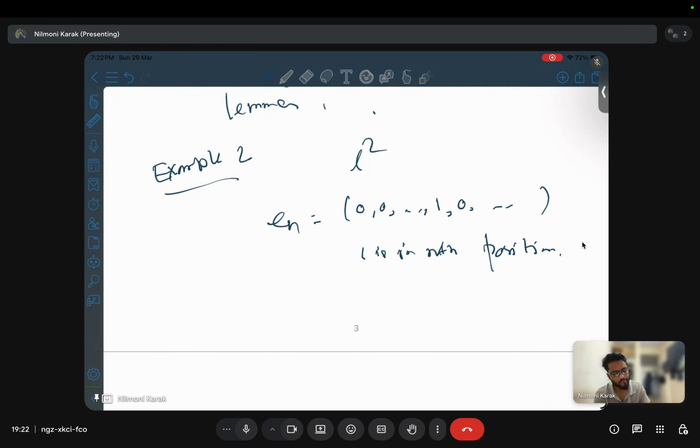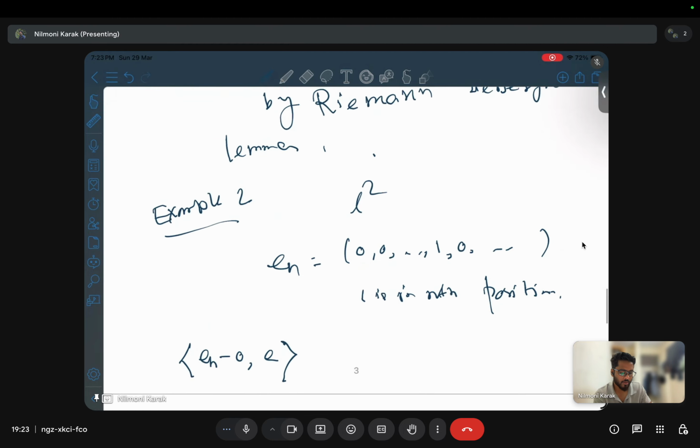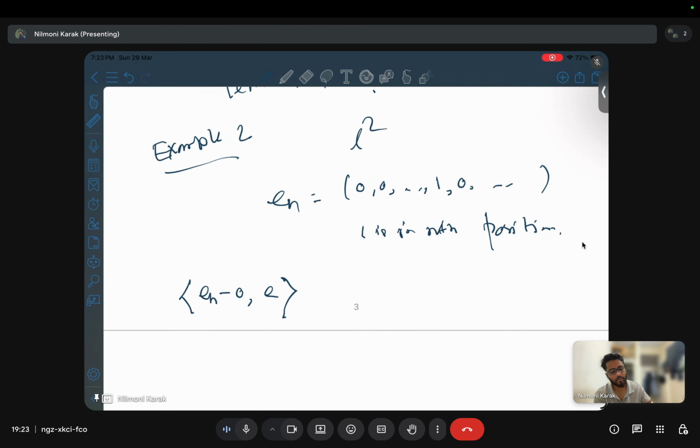For this case, the inner product of en with e in l2 is the usual product.